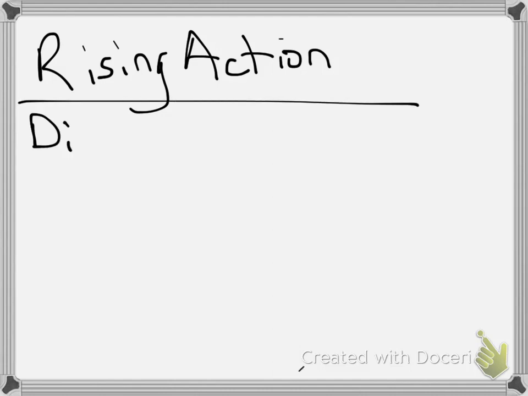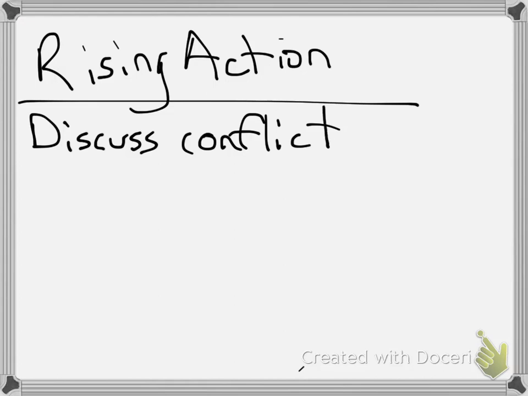Alright, up next will be rising action. So this is the plot slowly moves forward. So in rising action, the author begins to discuss the conflict. They may not outright state what the problem is, but they will at least hint towards something is wrong, or that something needs to be overcome.